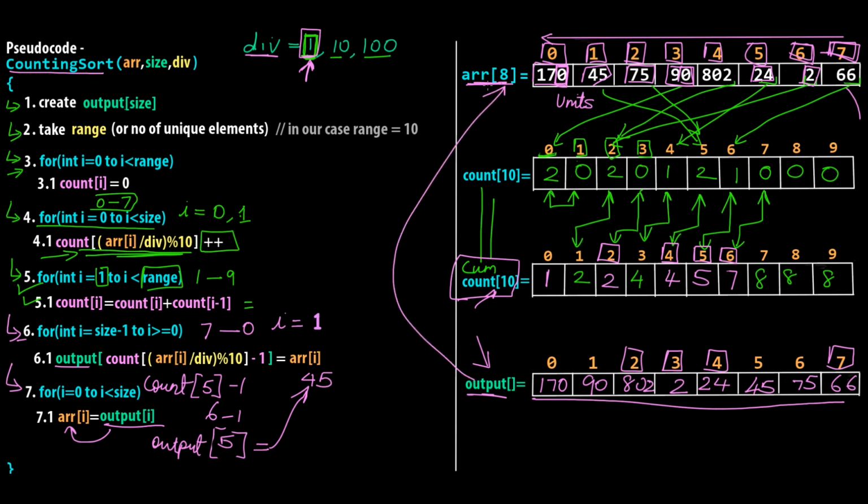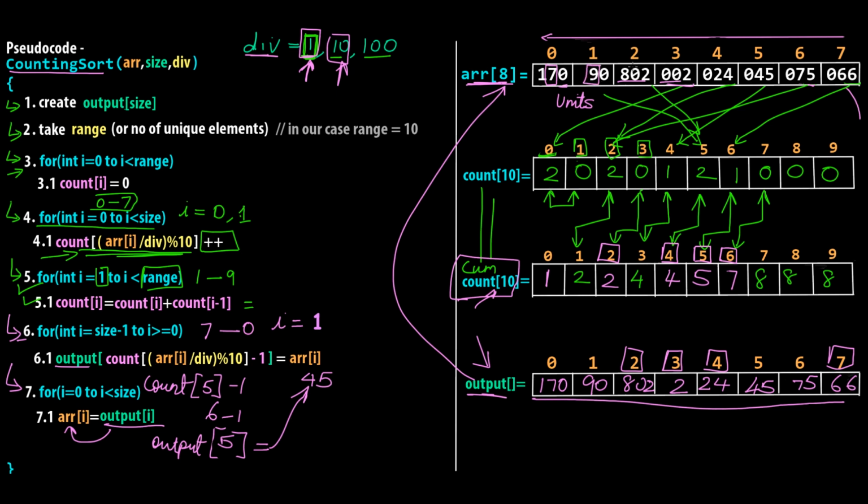So now the original input array will be like this, where you can see 170, 090, 802, 002, 024, 045, 075, 066. I've added these extra zeros because now we're going to need them, because now for the second time when the counting sort is called, the div value has become 10, and now the least significant digit we want to apply counting sort on is going to be the tens place, because we've already applied counting sort based on the units place.